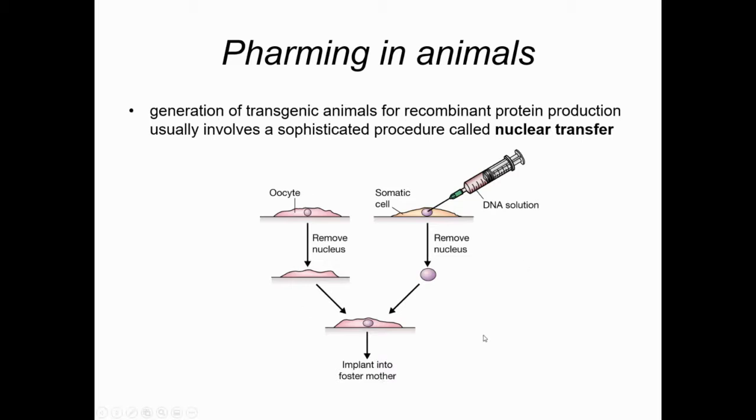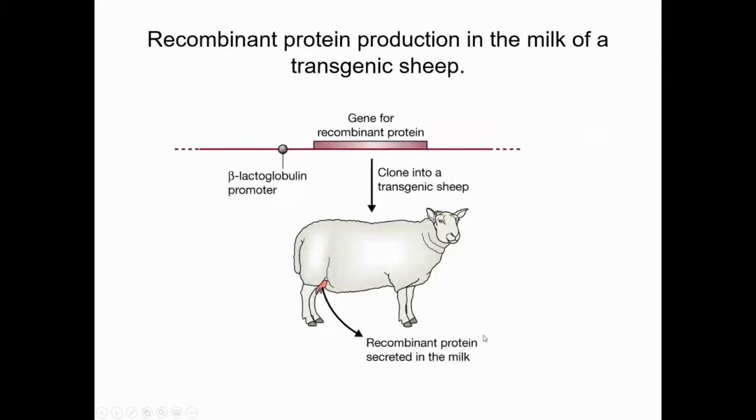So this is the farming in animal. So for example, in here, the recombinant protein production in the milk of a transgenic sheep. So you can have this recombinant protein secreted in the milk. So that's the farming, okay?